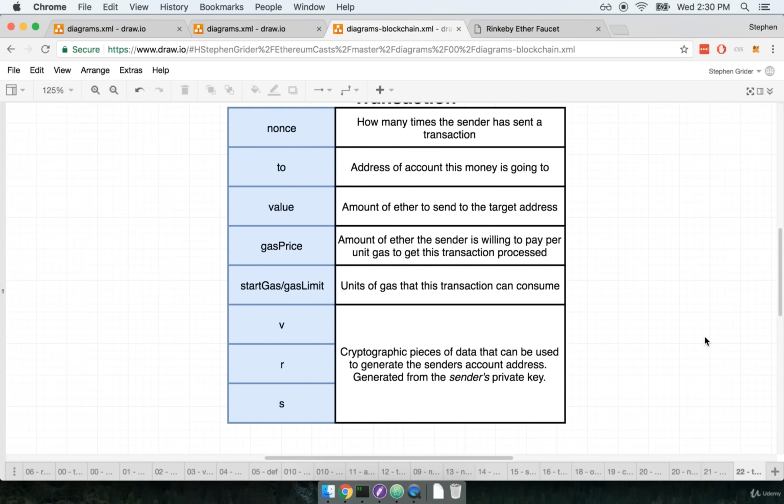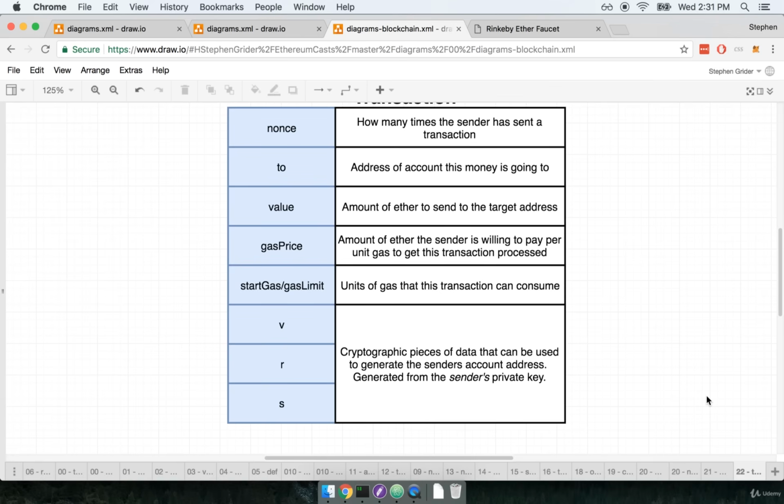But as a summary, I can tell you that these V, R, S properties are generated by the sender's private key. The sender will take their private key and generate these three values, and those three values can then be used to generate the account address of the person who is attempting to send the money.